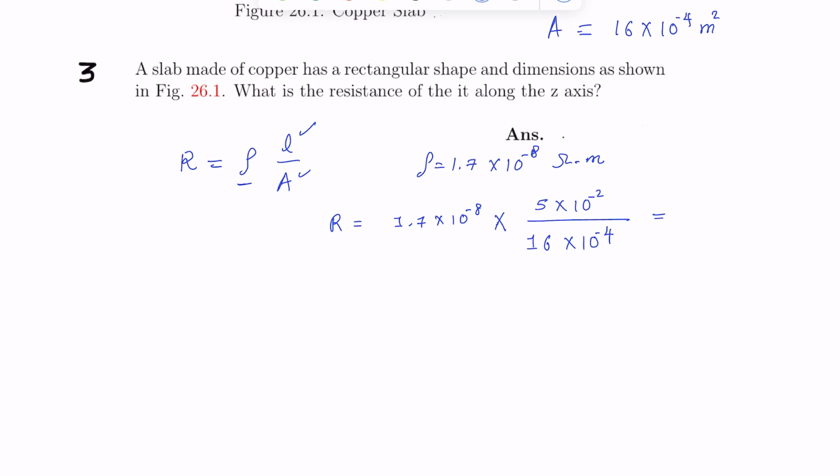It's 1.7 divided by 16 multiplied by 5, 0.53 times 10 to the minus 8 minus 10 plus 6 minus 6, or 5.3 times 10 to the minus 7 ohms. I hope this is correct.